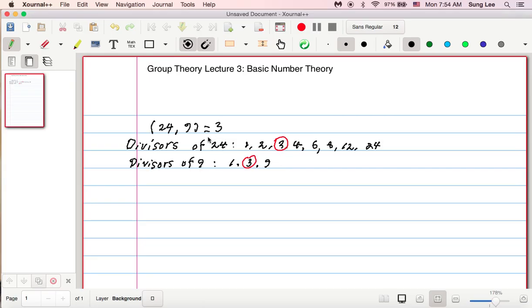Anyway, when you have two small numbers, you can always find the greatest common divisor in this way. If you have more common divisors, by the definition, the largest one is going to be the greatest common divisor.